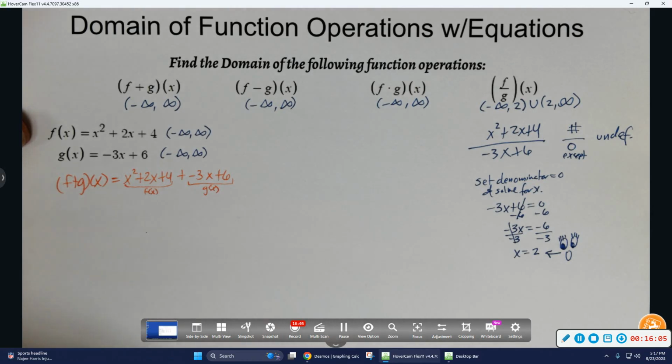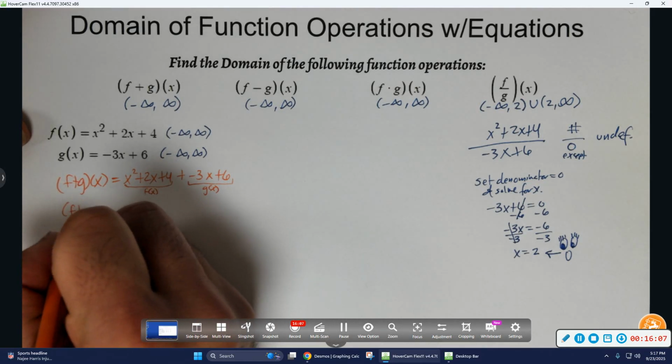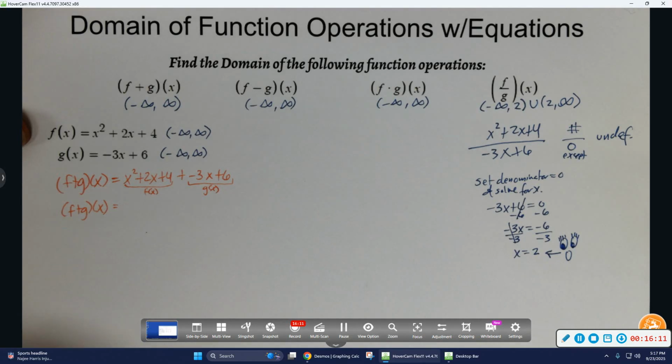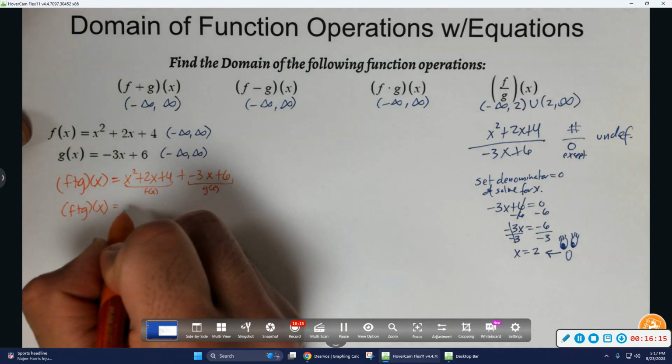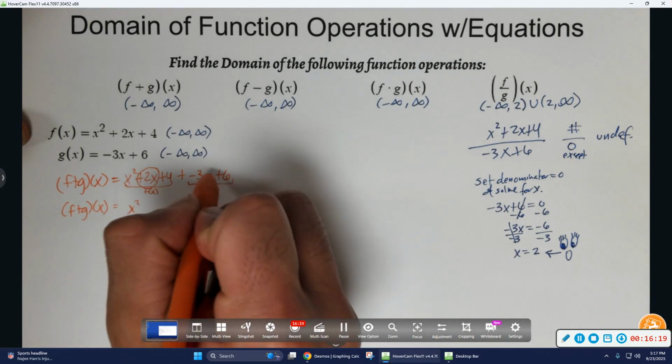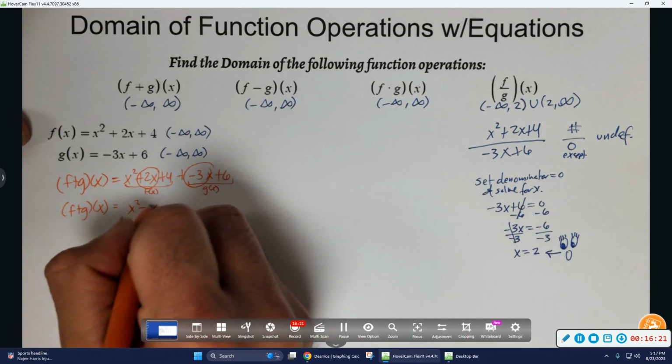When I add the two functions, I actually get a brand new function. And I spent time in my previous video talking more about how to do this for all the scenarios. Okay? When I add them, I'm going to get x squared. These two are like terms. I get negative x.